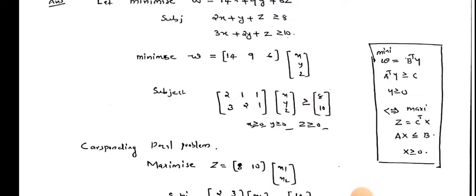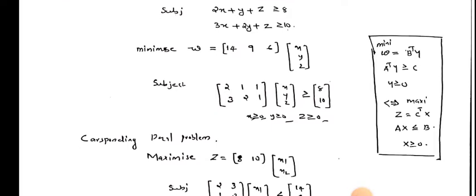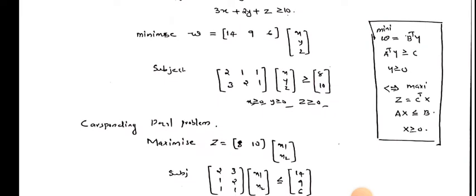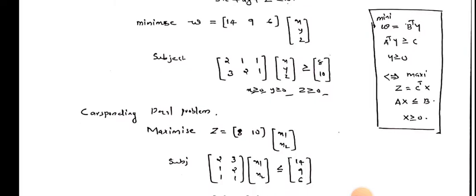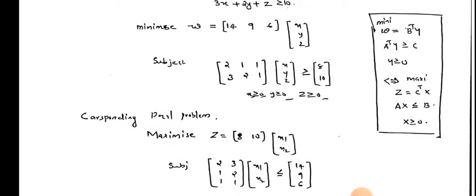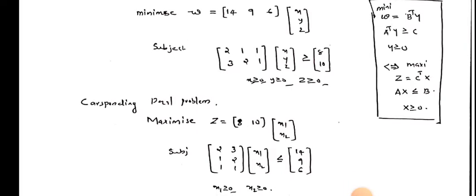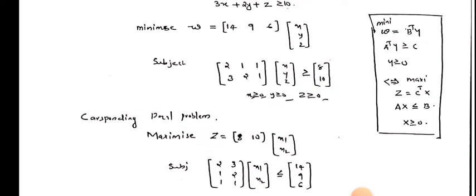We already know that the minimum value of W equal to B transpose Y, with A transpose Y greater than or equal to C and Y greater than or equal to 0, if and only if the maximum value of Z equal to C transpose X, with AX less than or equal to B and X greater than or equal to 0.